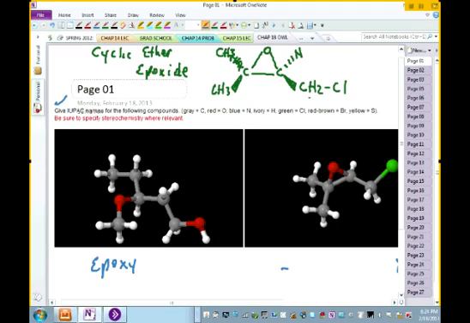Okay, so to name this molecule, we are going to name it as an alkane in which you have carbon number 1 here, 2, 3, and 4. If we are going to name this as an alkane, what would be the name? What would be the base name if the epoxy is a substituent?